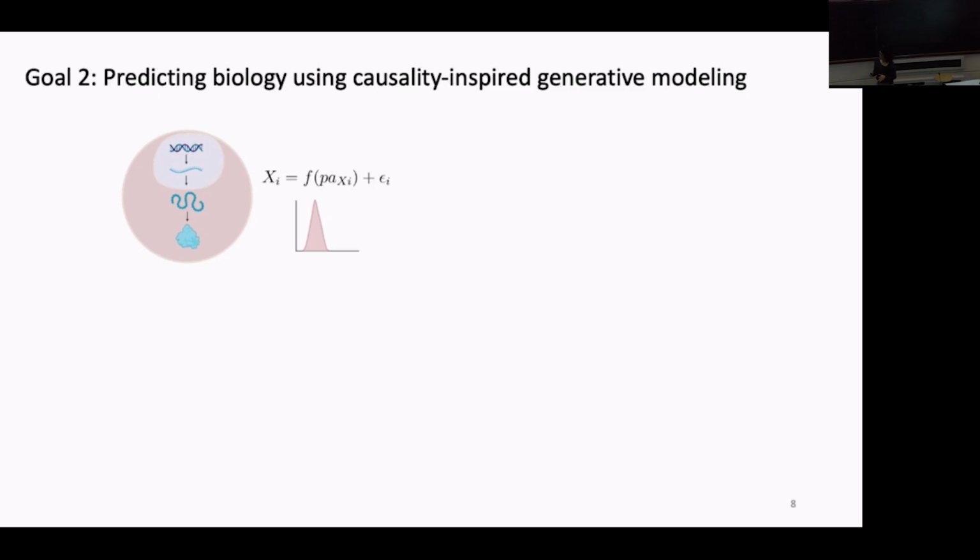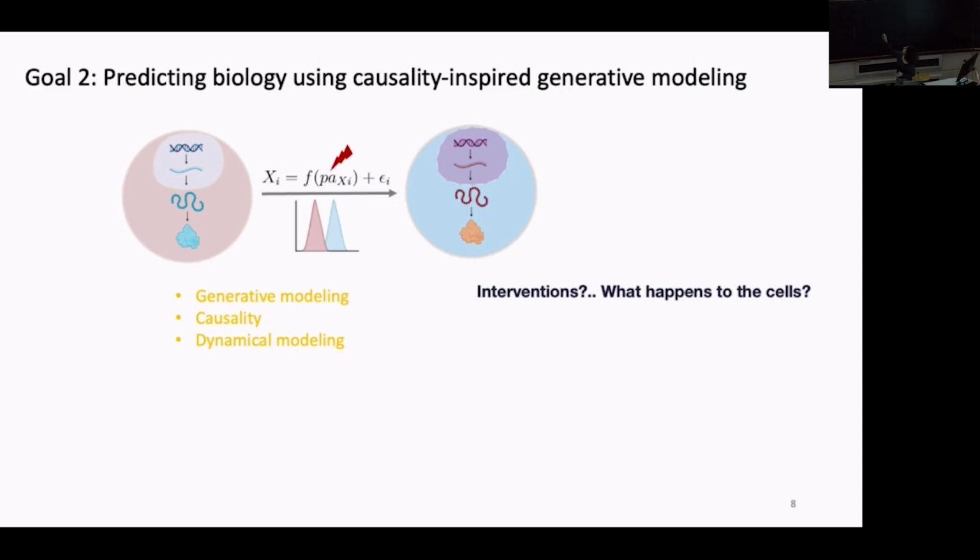If we can learn how the regulatory circuits underlying the cells work, then we can model this circuit with some causal models, for example, structural causal models, where the variable x_i, which is, for example, gene i, we can write as a function of other genes, the causal parents of the gene, and later we can intervene on these causal parents and then predict the effect of that intervention on the cell response.